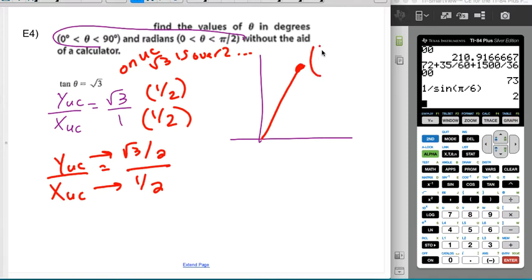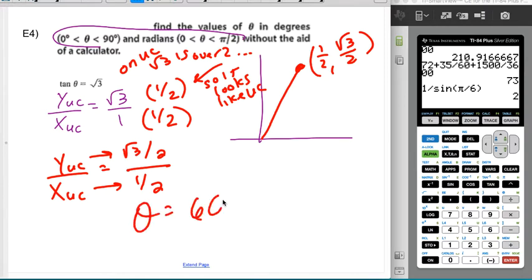That's up here. The reason I multiplied by the 1/2 over 1/2 is so it looks like the unit circle. As you get better at this, you don't necessarily have to do that, but that's kind of the idea. So I say, cool, my answer is that theta is 60 degrees, which is the same as pi over 3.